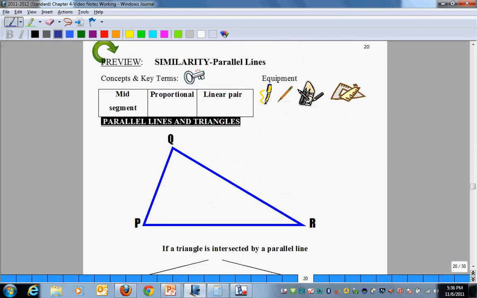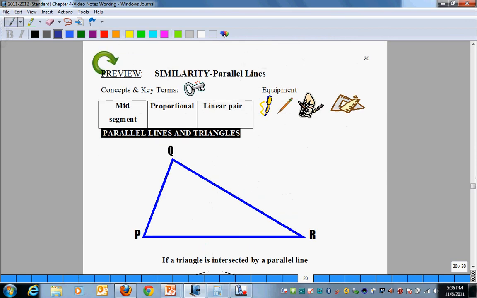Taking a look at today's concept, we're going to start with a very, very simple concept. You have a triangle. You're going to need a straight edge, colors, a pencil, and a highlighter.